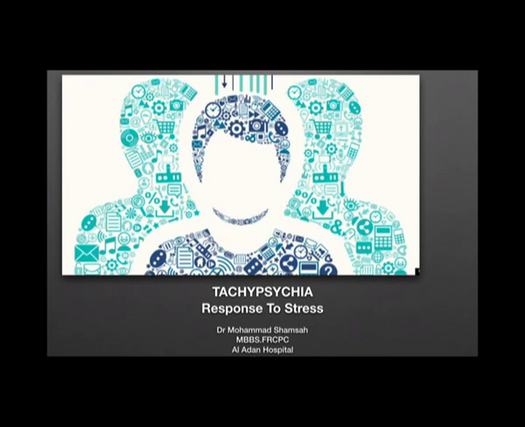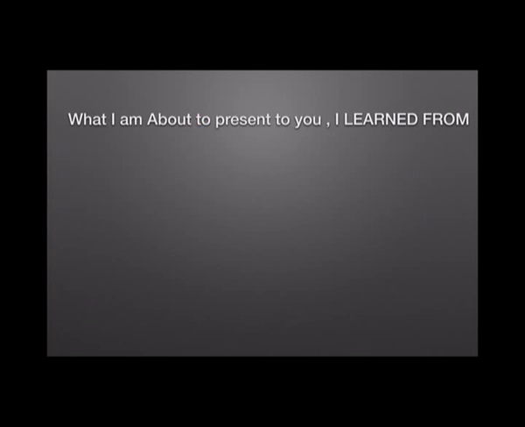But when it comes with a neurological disorder, it becomes a disease. One of the factors that affect perception of time is stress. So instead of talking about tachypsychia, I'll talk about how we behave if we were subjected to stress.